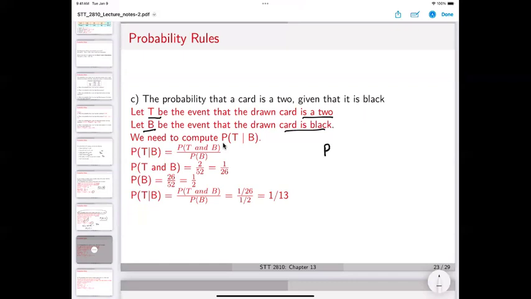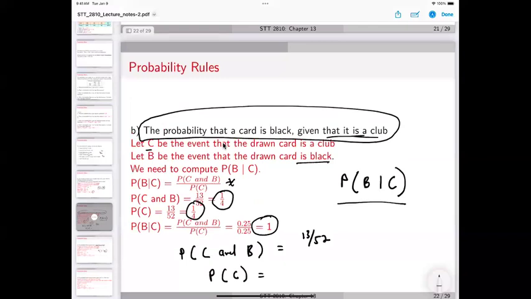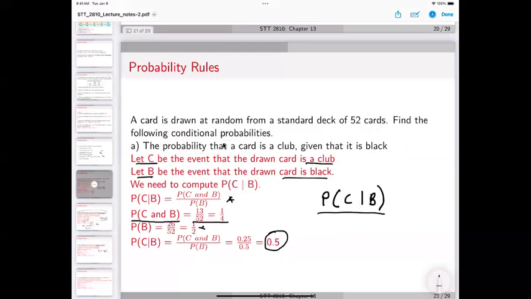So we are looking for the probability that the card drawn is a 2, given that it is black. Does that make sense? You see, given that it is black. When you look at this one here too, given that it is club, you see. When you look at this one too, given that it is black.